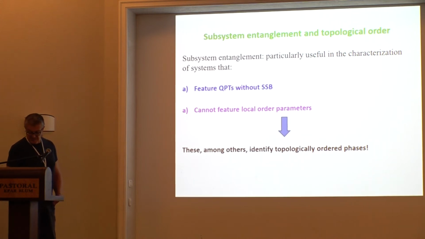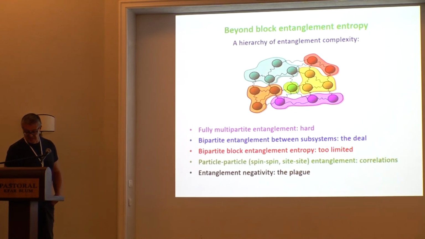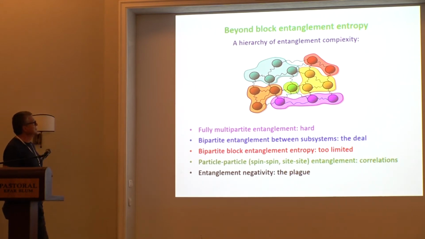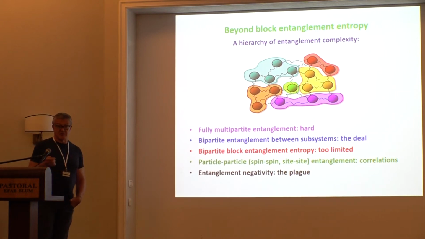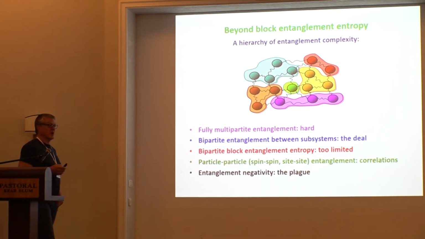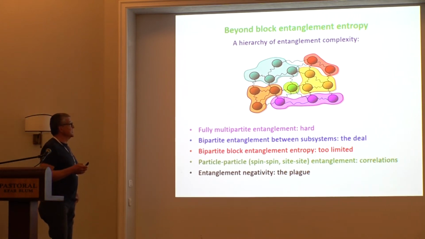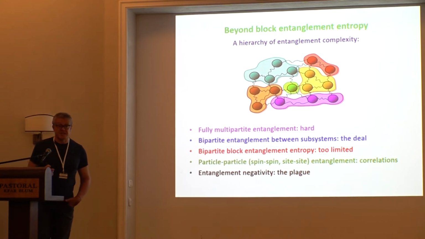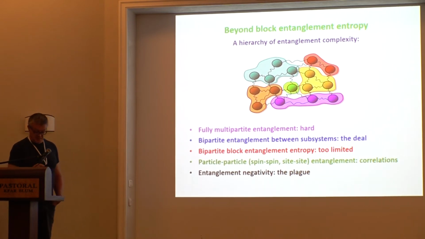This is something I've already mentioned at length, so we can skip this. It was just a recap of what I've been saying so far. We have to look at the full structure of many-body entanglement. Alessandro Silva has already mentioned that in the very interesting case of understanding black hole physics, which is very complicated.